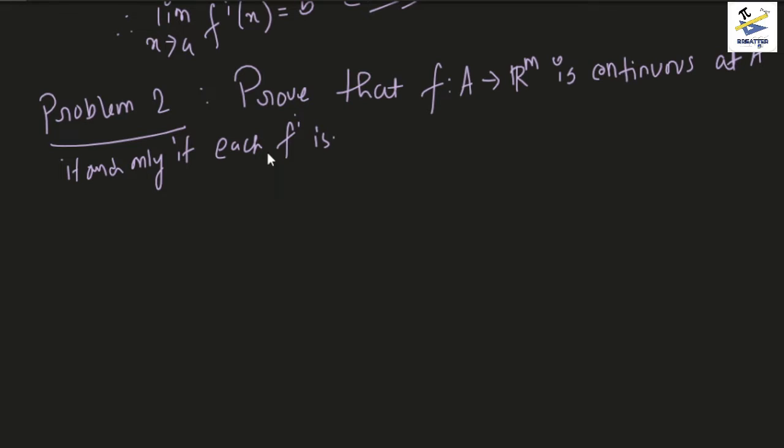So this should be a small a actually. So prove that f from A to R to the power m is continuous at small a if and only if each f_i is.